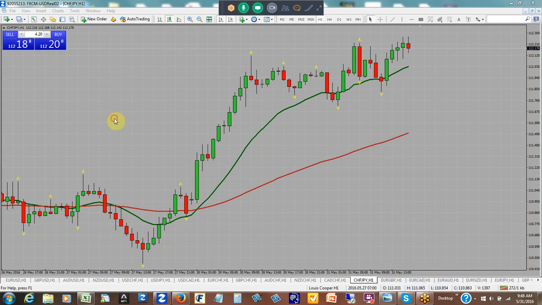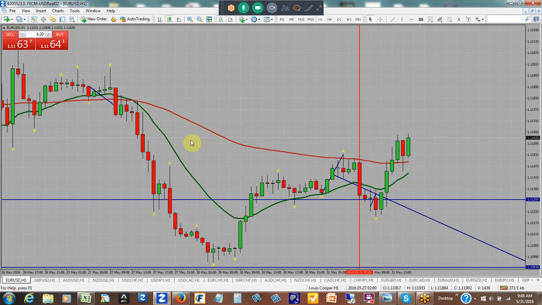Okay, so let's see. So we can go kind of to the right here. This is a trade I took today. Well, let me just tell you what could be better on this trade. I see where you drew your trend line. Do you see my mouse?